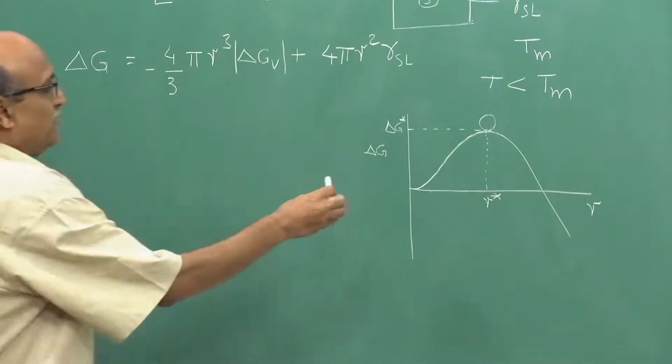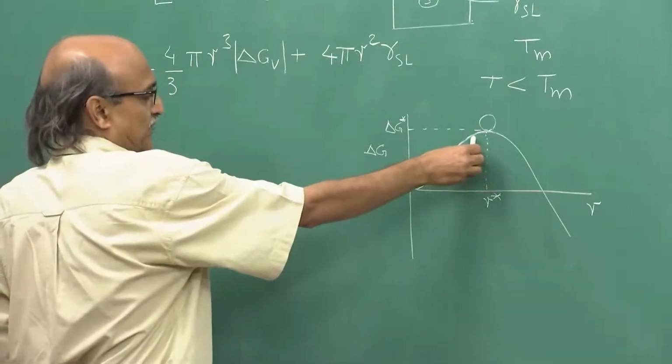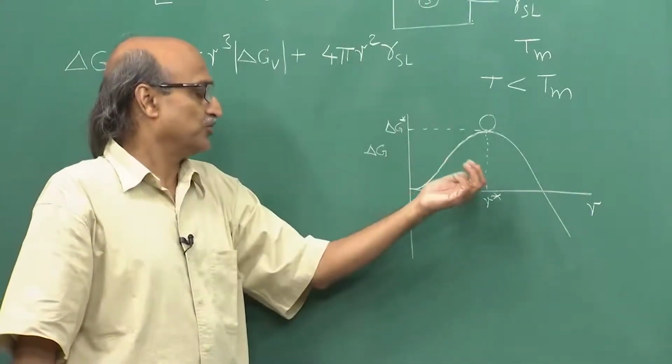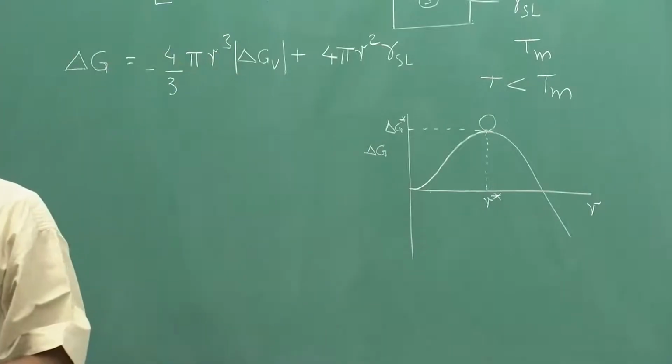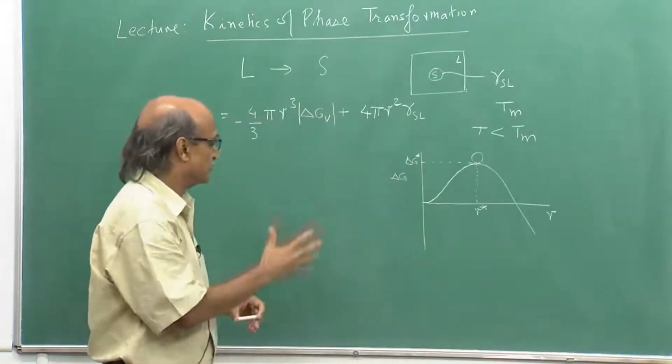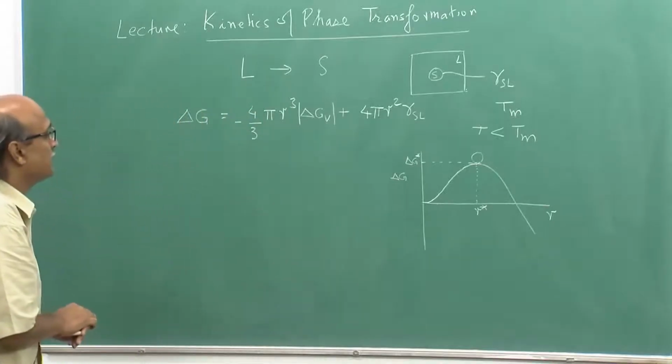For all nuclei which get created, whose size is less than the critical size r star, they will tend to dissolve back into the liquid, disappear back into the liquid.